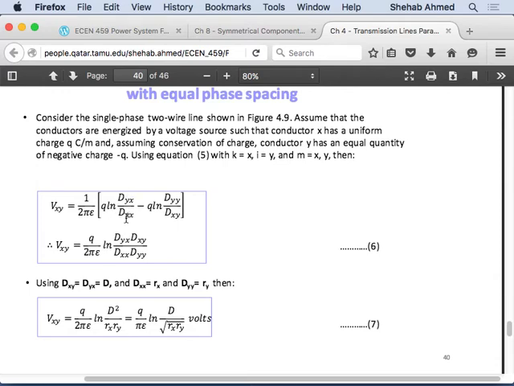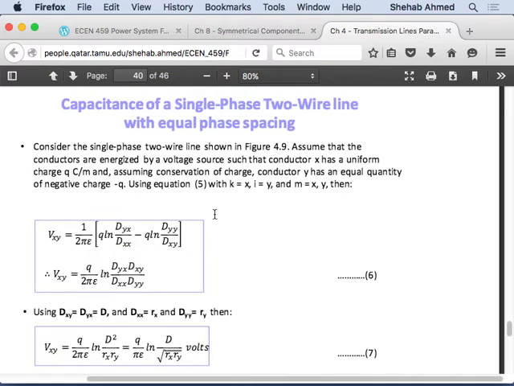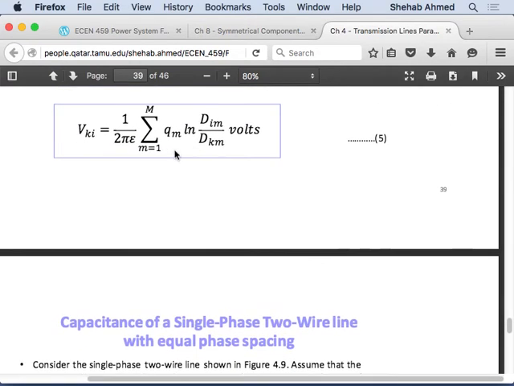The bottom distance is the effect of the first conductor on itself. So first is x, this is x: Dxx, which is the radius of the conductor x. And then this is Dxy. Remember the summation: Vki equals the summation of 1 over 2 pi epsilon naught, Qm natural log of D. This is always A, then A1, A2, A3, A4.